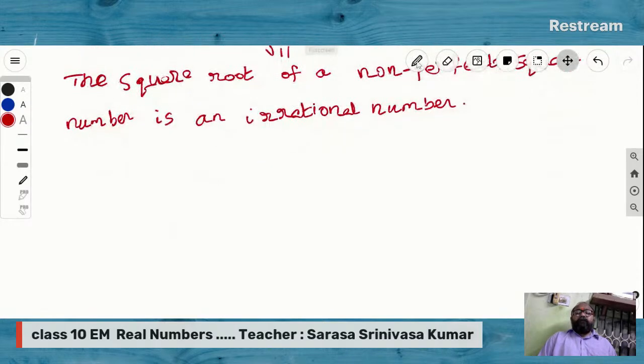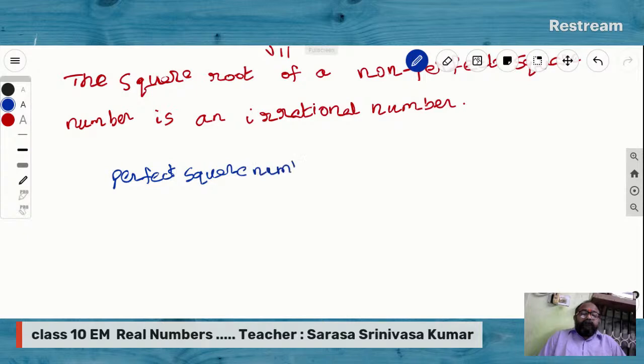So perfect square number, I will give some examples. What are perfect squares? Perfect square numbers, non-perfect square numbers.